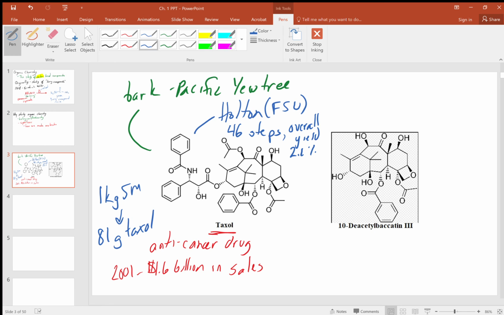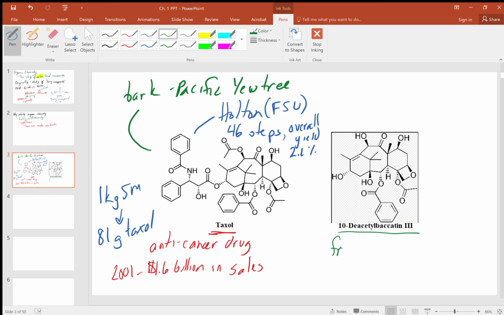So what was the next idea? Well, the next idea was to look at a way to combine what nature gives us with what chemists can do in a lab. And so they found this compound, 10-diacetyl-baccatin-3.